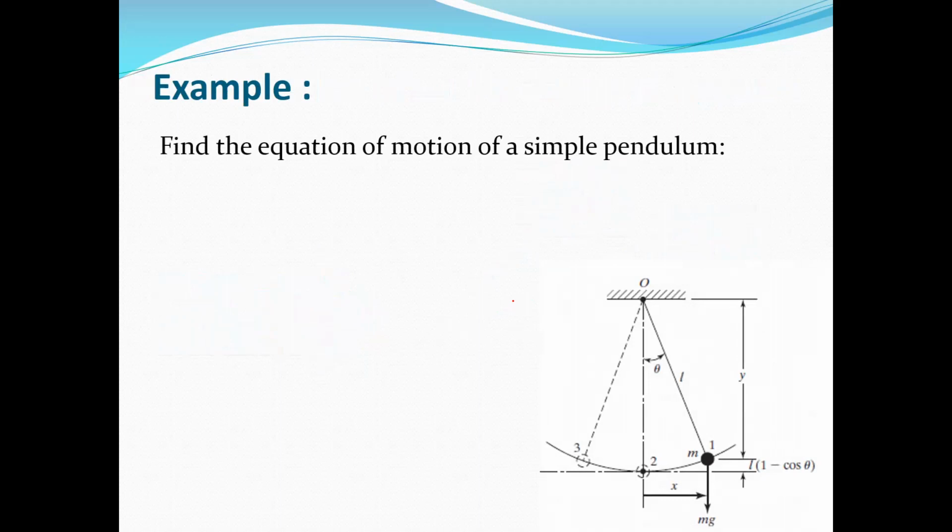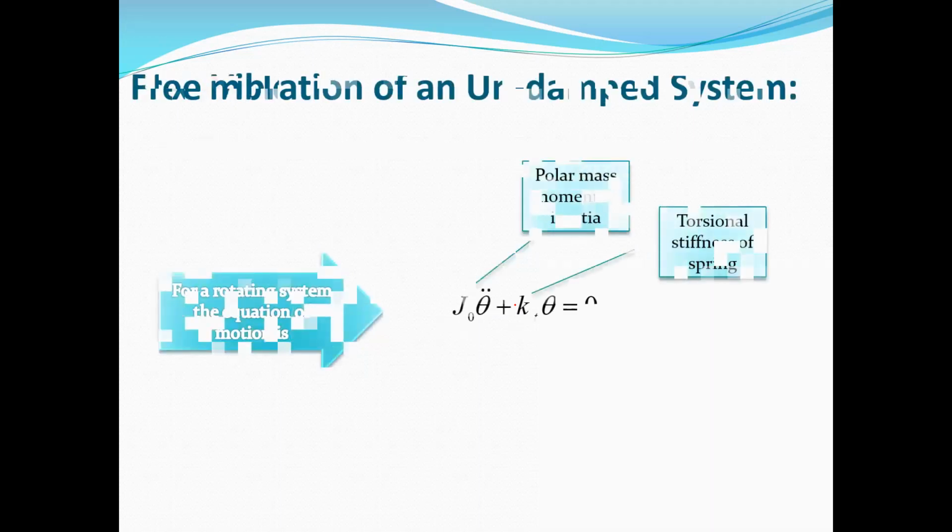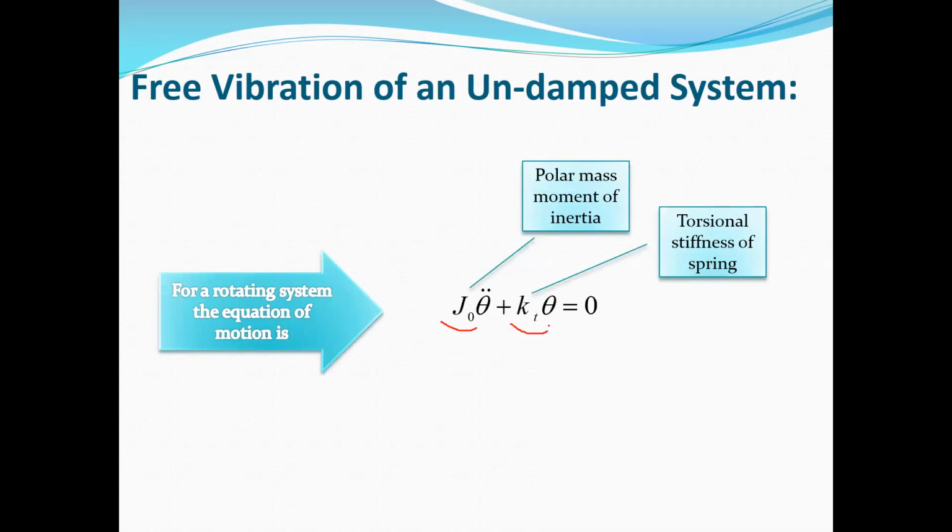And if you use Newton's second law, you can extract the same equation of motion and with the same response. And also the solution is the same, because again, if you refer here, you can see this is the same equation. Instead of x, we will have theta, but if you solve this equation, the natural frequency again is equal to the square root of kt divided by J naught, and the solution will be exactly the same.